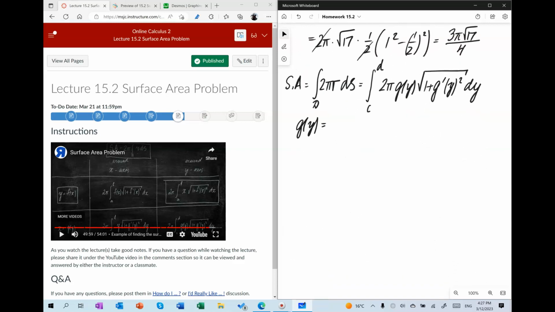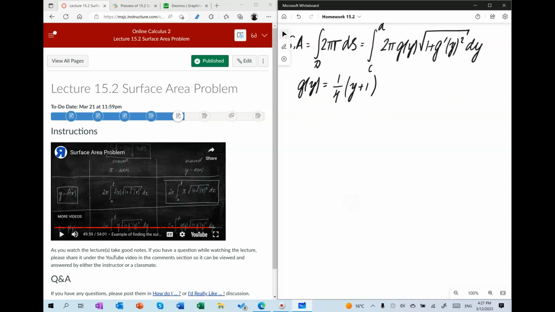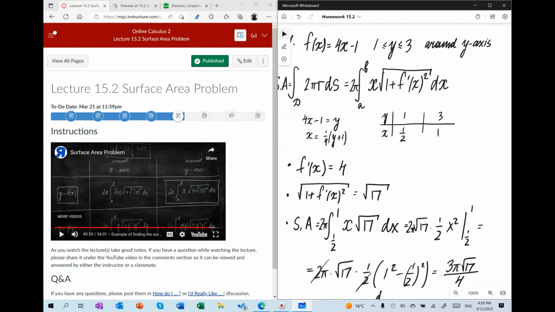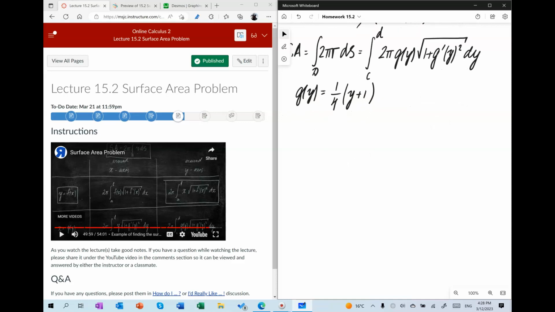It would be 1/4 of y plus 1. And also remember that the values for y were given from the beginning. y was ranging between 1 and 3.